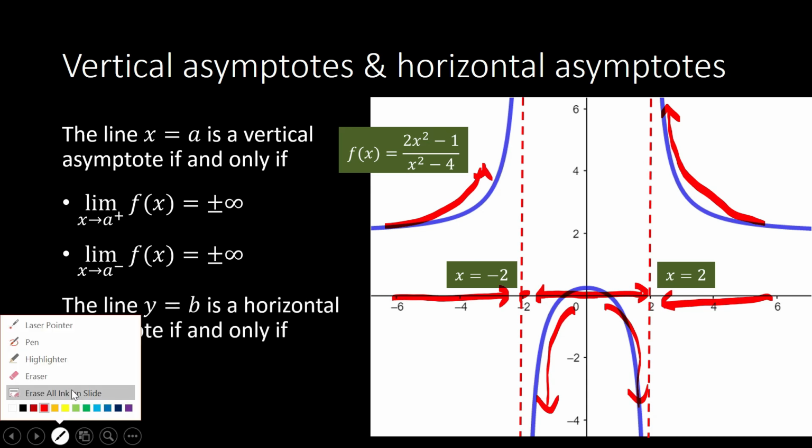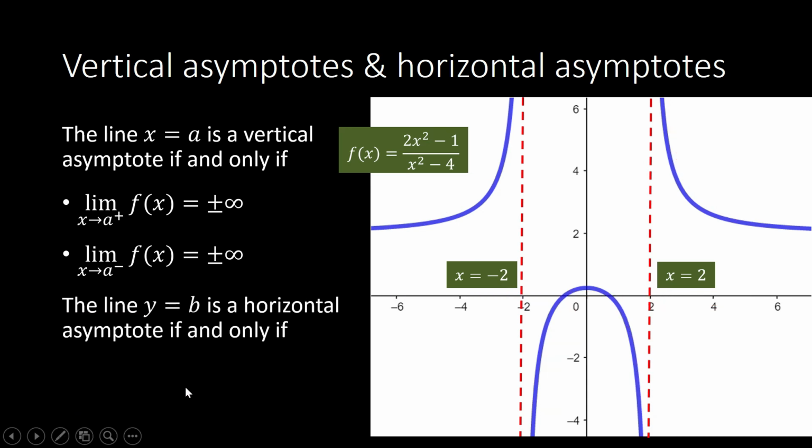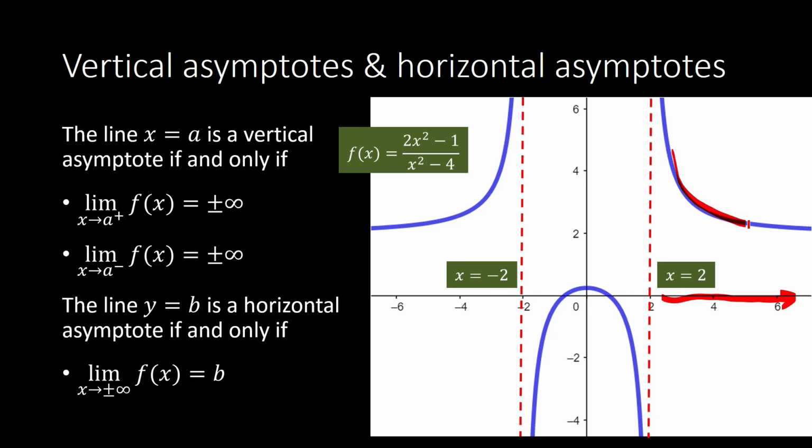How about your horizontal asymptote? The line y equal to b is a horizontal asymptote if and only if the limit of our function as x approaches positive infinity or negative infinity is equal to b. It's something like this. When x approaches infinity, we will pay attention to this part of the graph of our function. If you look at it, it doesn't decrease without bound.